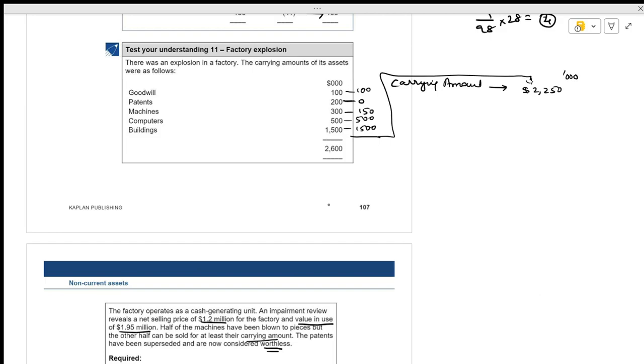The value in use is 1950. The difference is 300 thousands. That is the impairment.